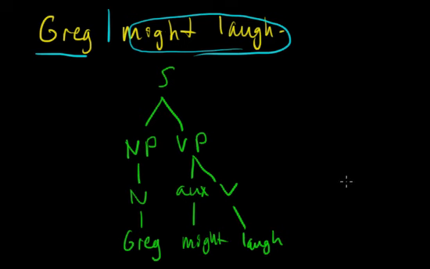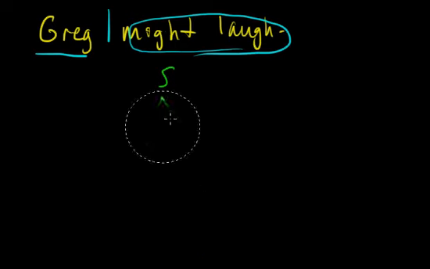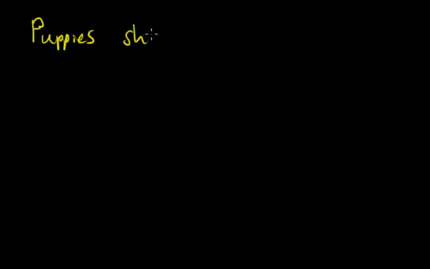let's go ahead and practice one more. This time we will have two auxiliaries. Let's say puppies should be petted.